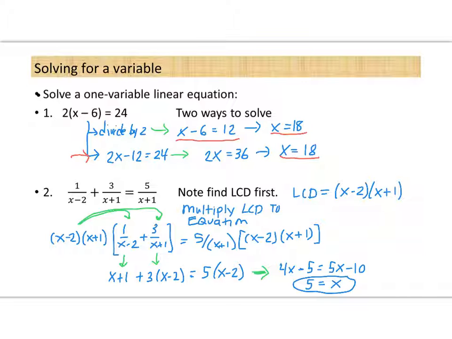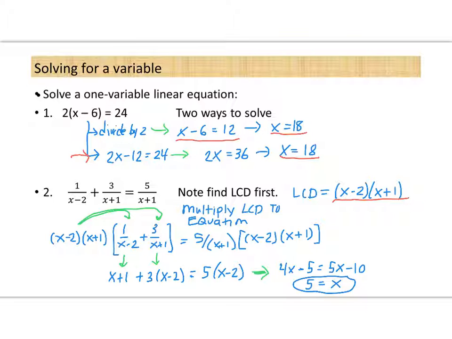Now when I have a rational equation, the first thing I must do is find the least common denominator. Well, in this case, the least common denominator of the three terms is (x minus 2)(x plus 1). You will notice that this is not an expression, so I will not adjust each fraction to the least common denominator.